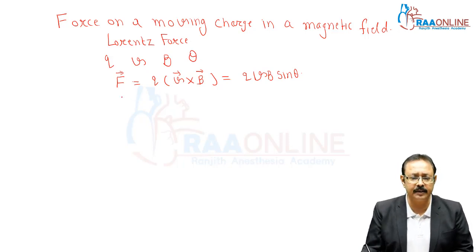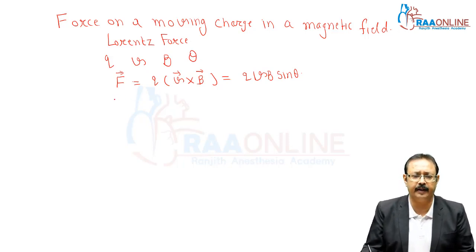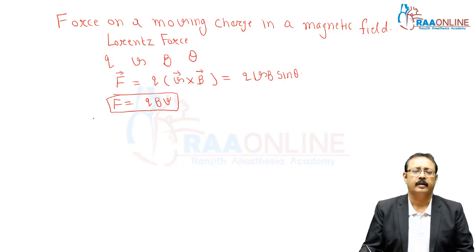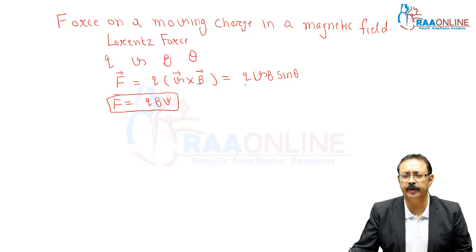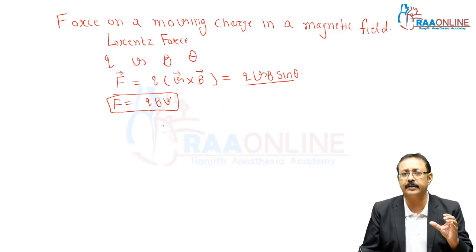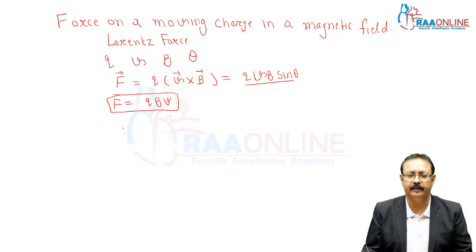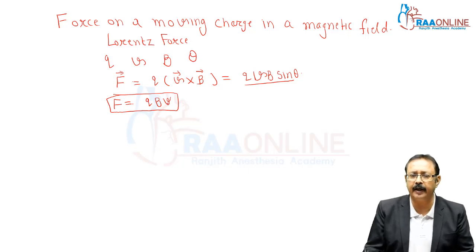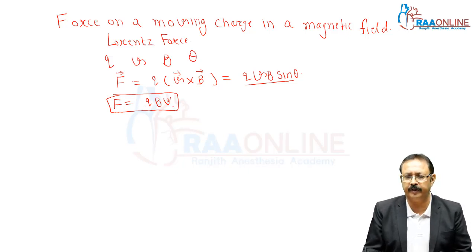If the particle is coming at 90 degrees, it will become QBV, because sine 90 is 1. This force provides centripetal force and the particle will start moving in a circle. If it is coming at 90 degrees, you can take QBV.